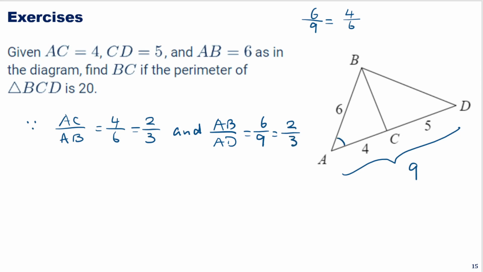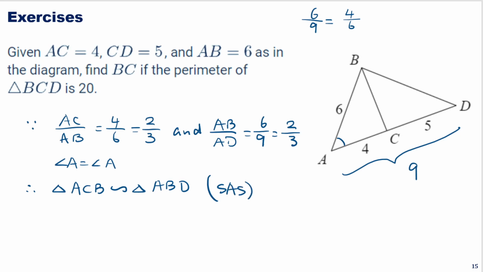And they share the same angle. Therefore, we know triangle ACB is similar to triangle ABD by SAS, right? 2 pairs of proportional sides and the angle in between are equal.